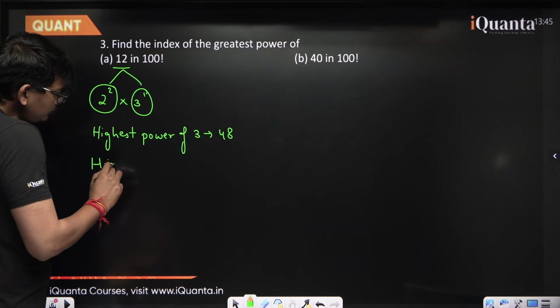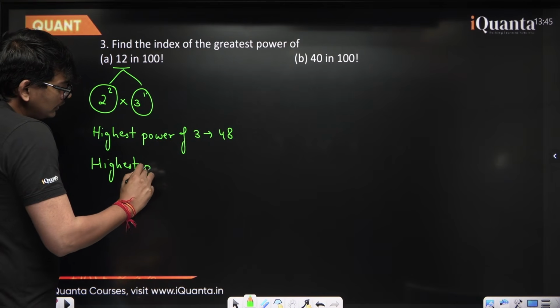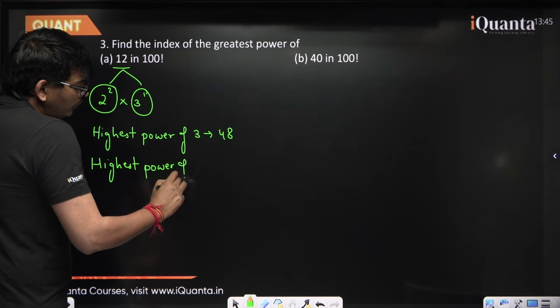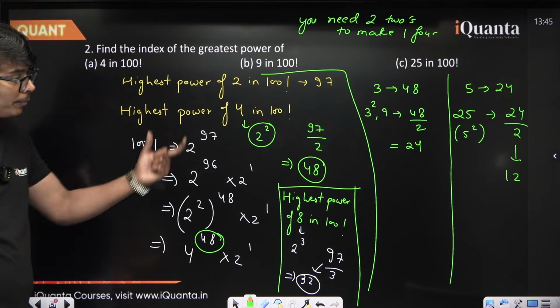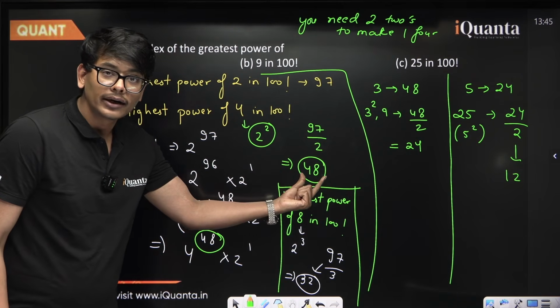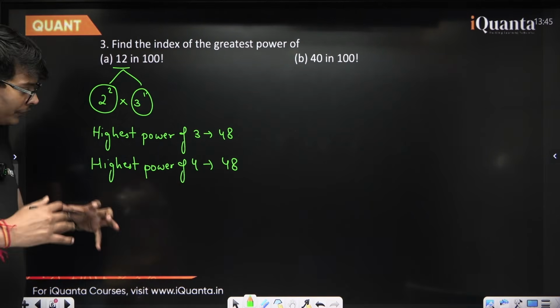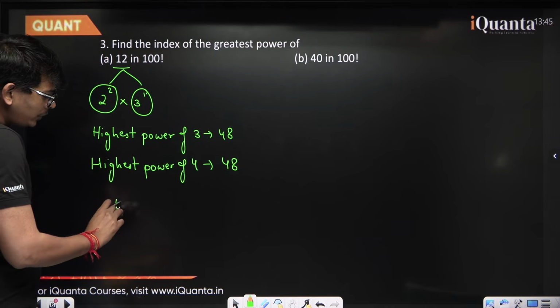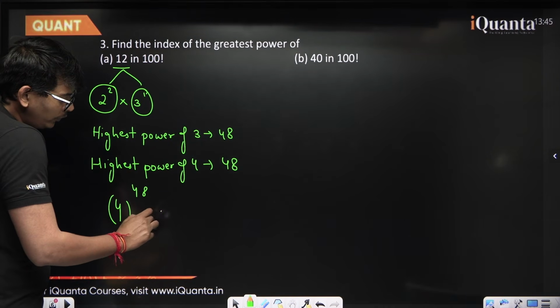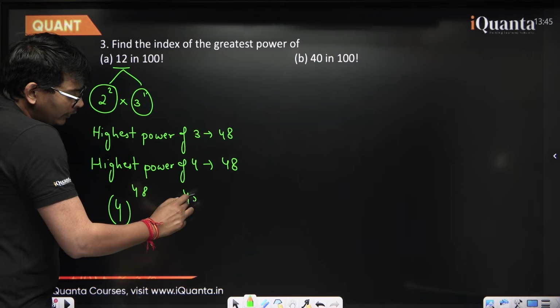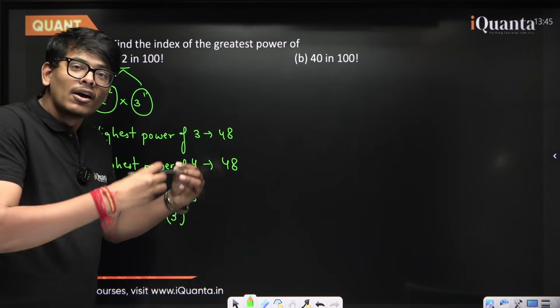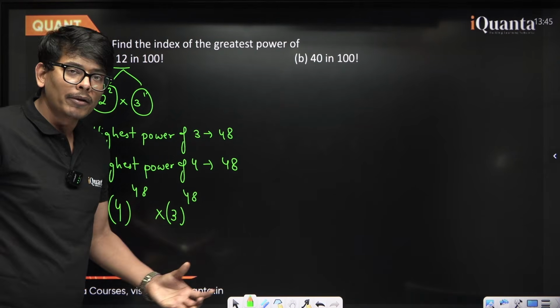Now highest power of 4, we have to apply this method and we already got that, which is 48. Now if you observe, 4 raised to the power 48 into 3 raised to the power 48. My expression is basically coming out as 4 raised to the power 48 into 3 raised to the power 48.